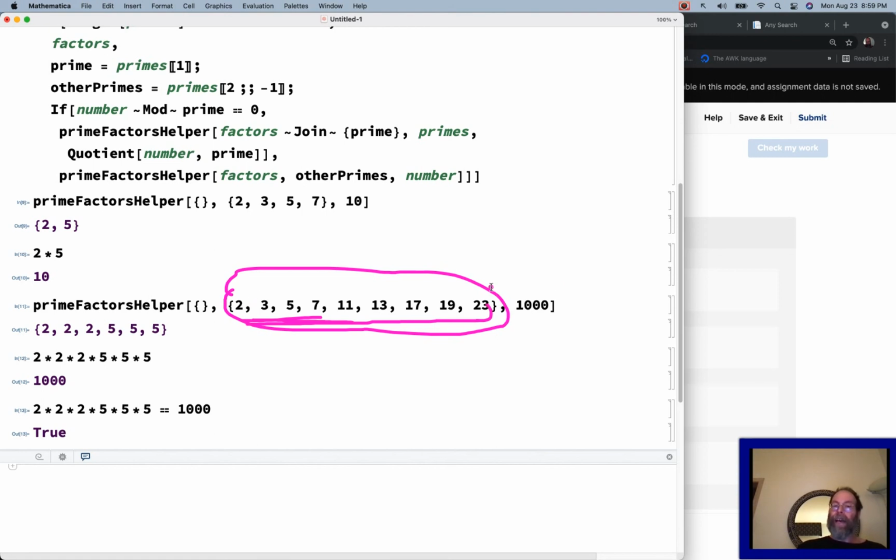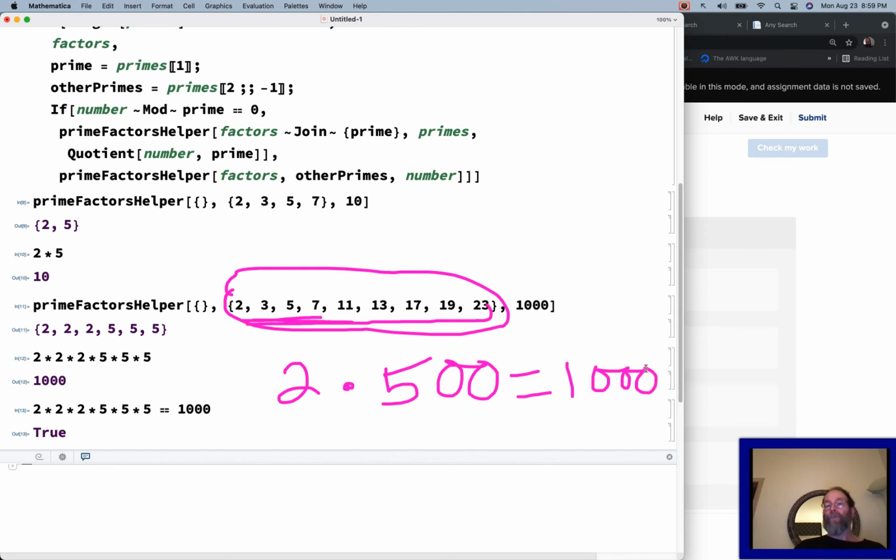If 2, which is the first prime, the smallest prime, is a factor of the number, then you're going to have 2 multiplied by 500 is equal to 1,000, which means, in my opinion, it doesn't make any sense to look at prime factors that are greater than half of the number.